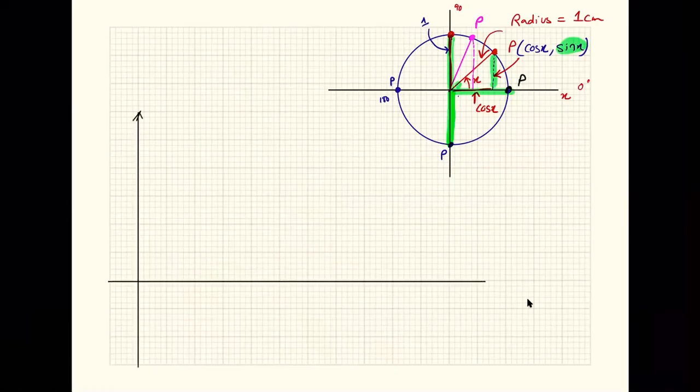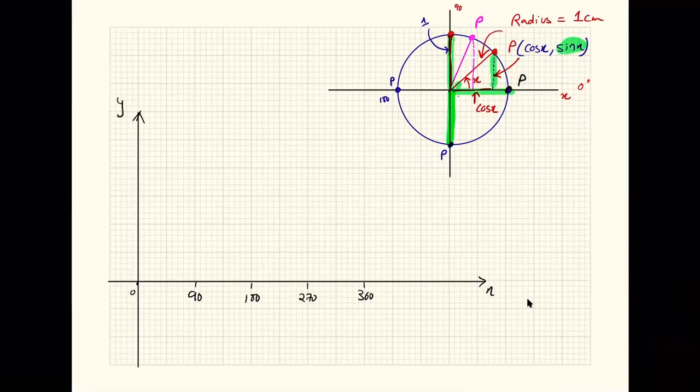So this is your y-axis and that's your x-axis. Again, I'm going to look at 0, 90, 180, 270 and 360 degree angle. I just want to look at how the cos x function varies when you change the angle of x from 0 to 360 degree.